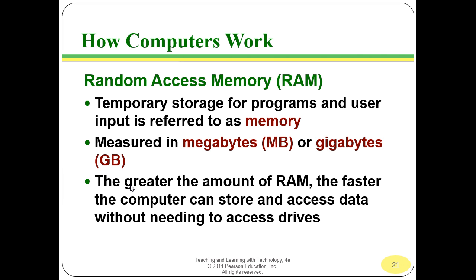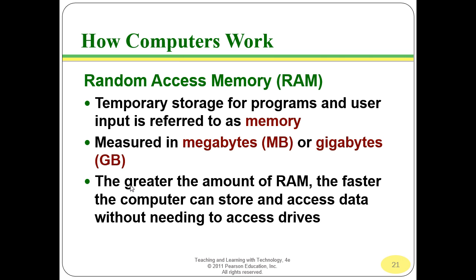Now, the greater the amount of RAM, the faster the computer can store and access data without needing to access drives. If a computer has to access the hard drive, that slows it down. We want enough memory to be able to pull all of our applications into RAM so we can work with it and modify it and create stuff with it.